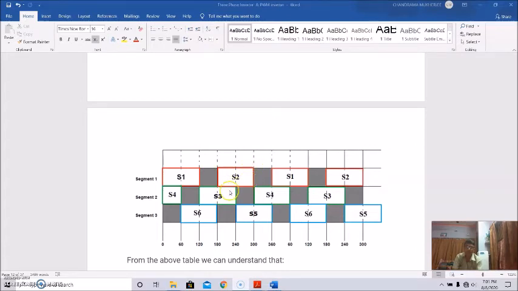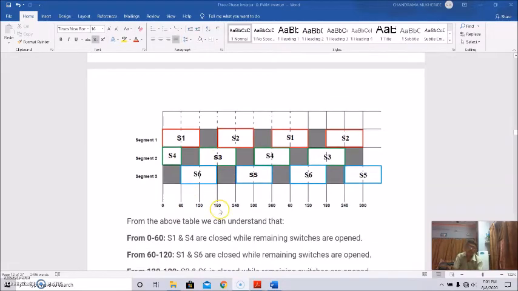Then S3 from 120 to 240, then S4 from 300 to 60 degrees, and so on. For this one it is 240 to 360, and then again 60 to 180. In this way this is the pattern for segment 1, segment 2 and segment 3.